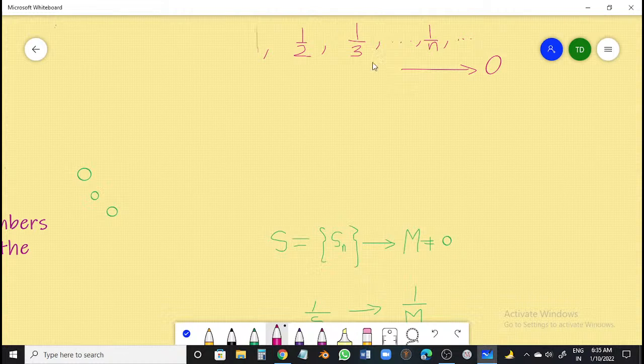Hope the concept is very clear. In this case, what is going to happen if I go with the reciprocals? The reciprocal of 1 is 1, reciprocal of half is 2, reciprocal of 1/3 is 3, reciprocal of 1 by n is n, and so on.